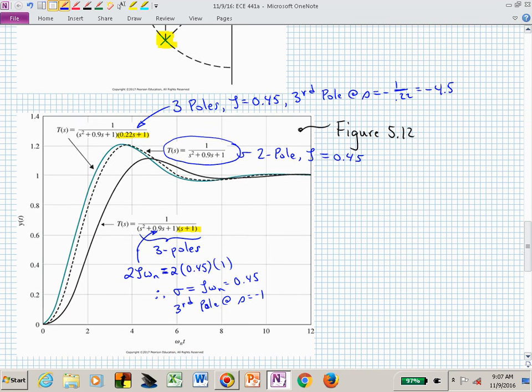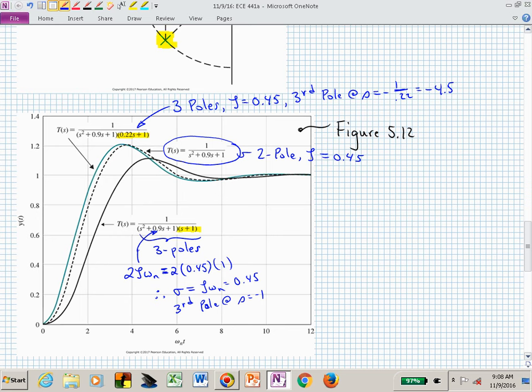If you look at the dashed curve, that's a pure two-pole system with a zeta value of 0.45. What's the percent overshoot for a zeta of 0.45? You can actually read it off of this curve, can you not? The final value is 1, and where are you peaking with the dashed response? 1.2, so this is a 20% overshoot.